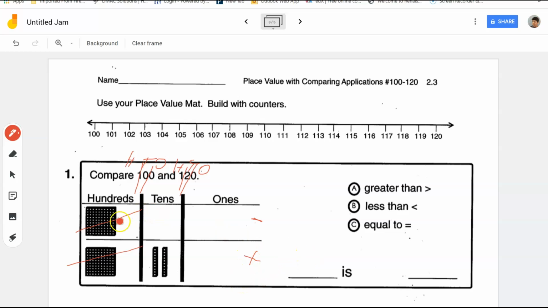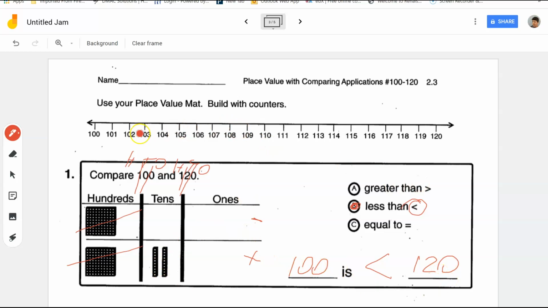So now I'm going to say that 100 is less than, and I circle my symbol, less than 120. And I can also use the number line.